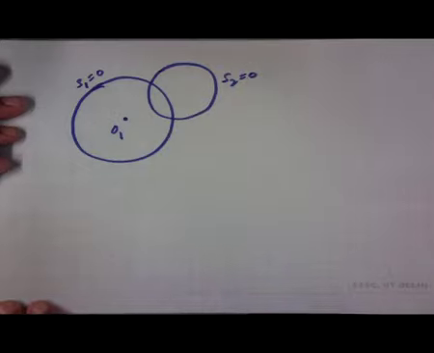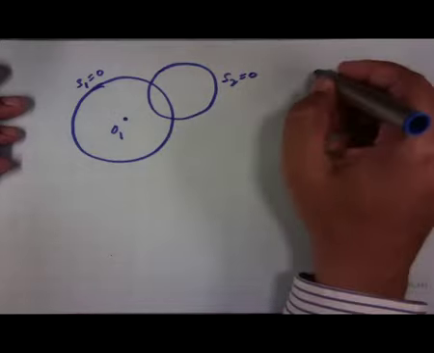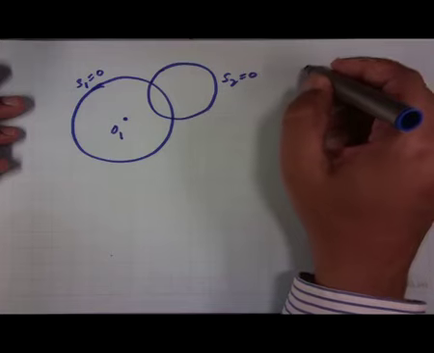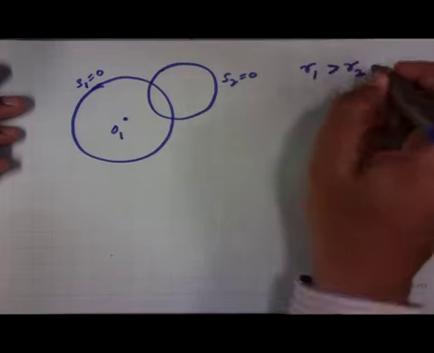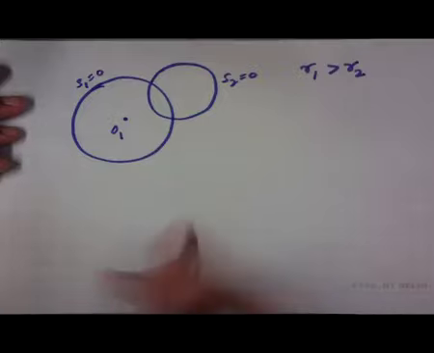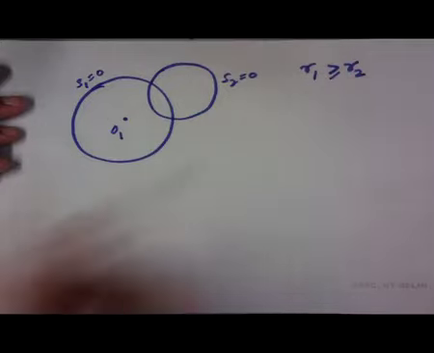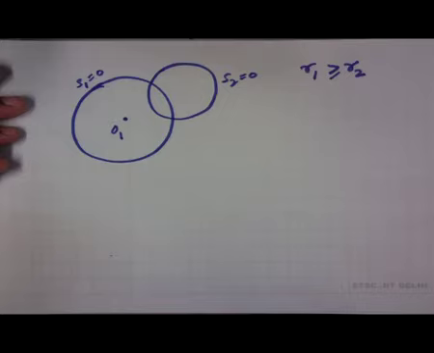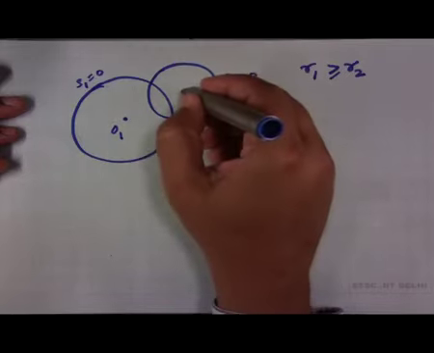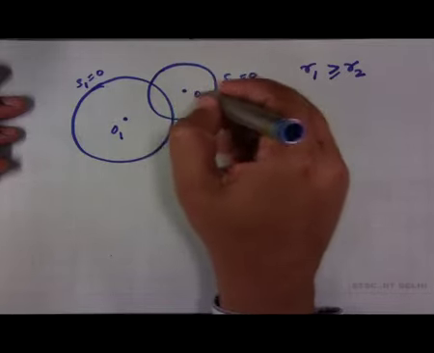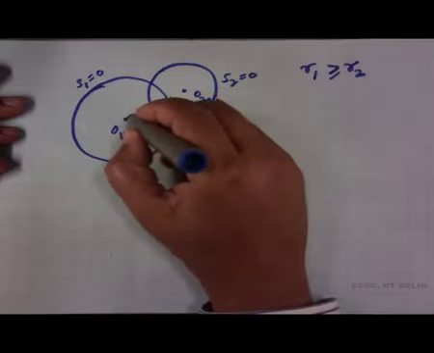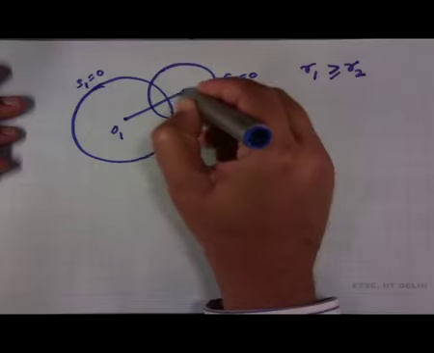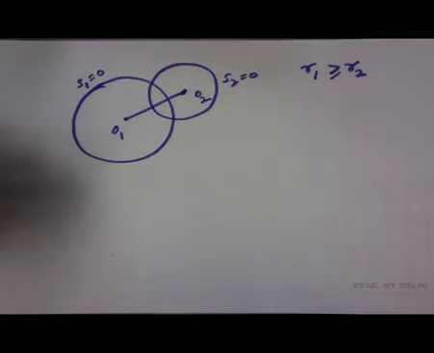In subsequent discussion, without loss of generality, we will assume that the radius of the first circle is greater than or equal to the radius of the second circle. Let us denote the center of the second circle by O2, and this line segment has length d, O1O2.